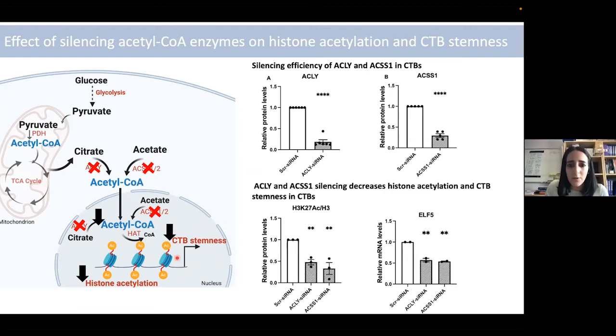What we found was that histone acetylation levels decrease after knockdown of this enzyme, and trophoblast stemness decreases as well. So this might support my hypothesis that enzymatic regulation of acetyl-CoA influences histone acetylation and trophoblast stemness.